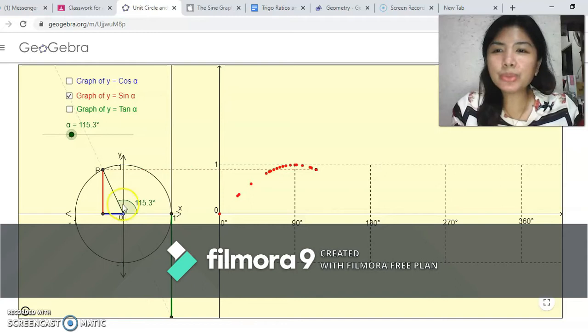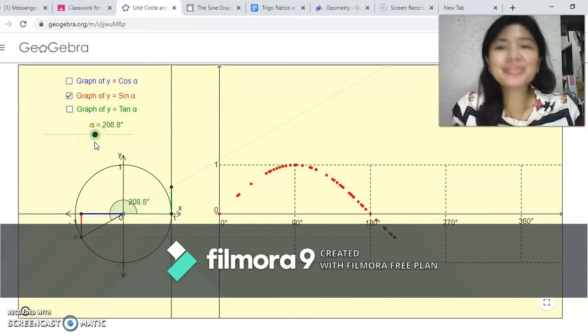So let's now move or increase the magnitude further of the angle and move it at the third quadrant. So yes, the y value is now at the negative side.